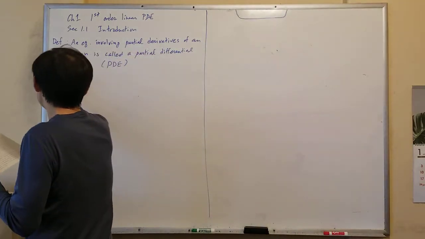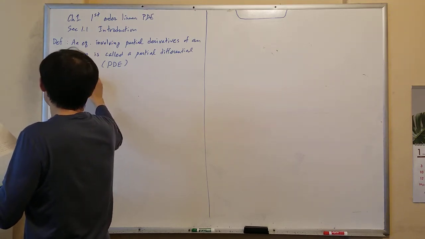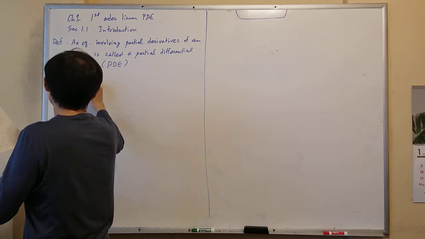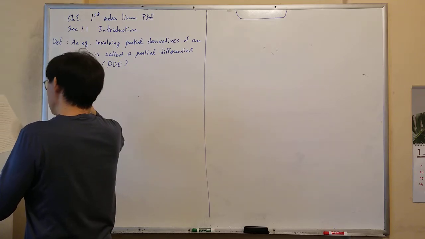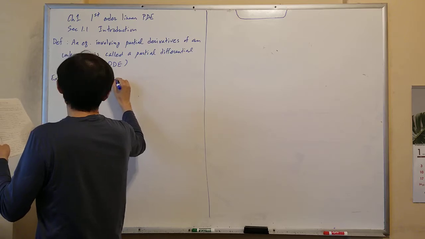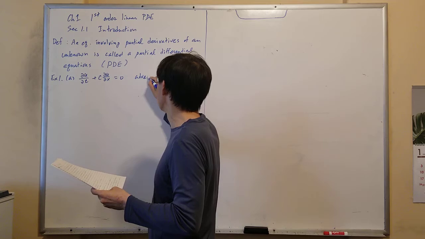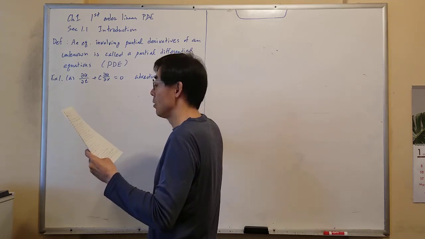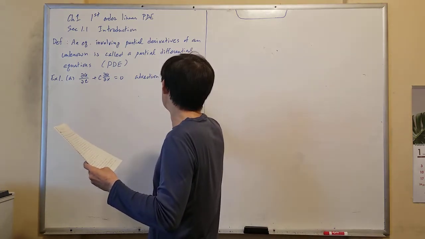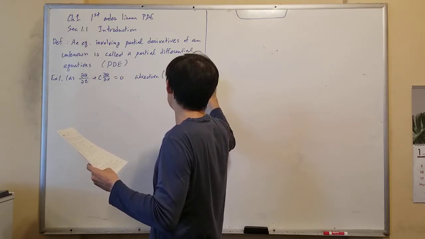All right, some examples. Example 1, A: round u, round t plus c times round u, round x equals 0. This is the so-called advection equation or linear transport equation.